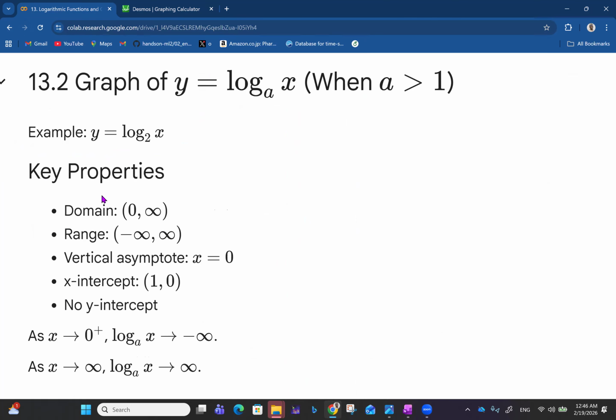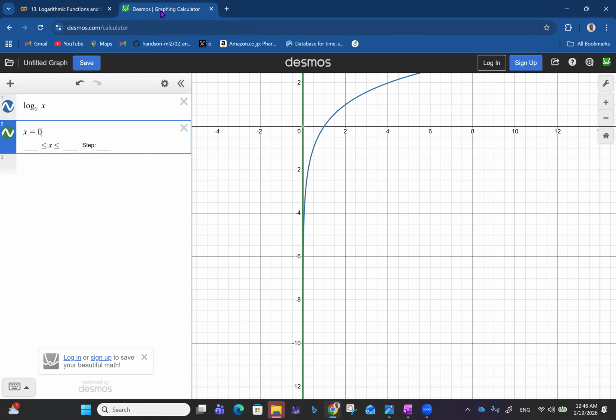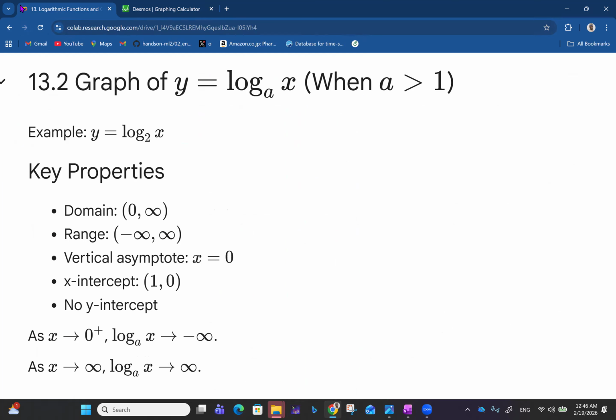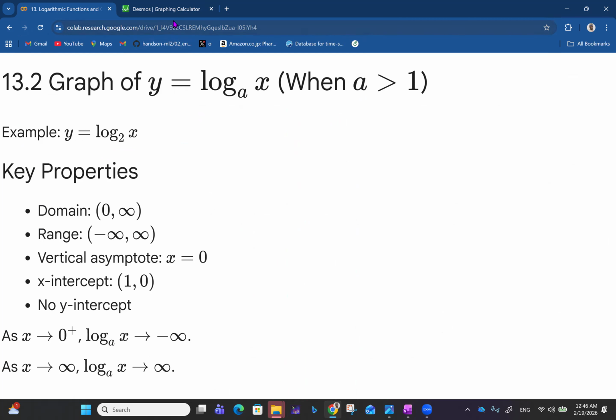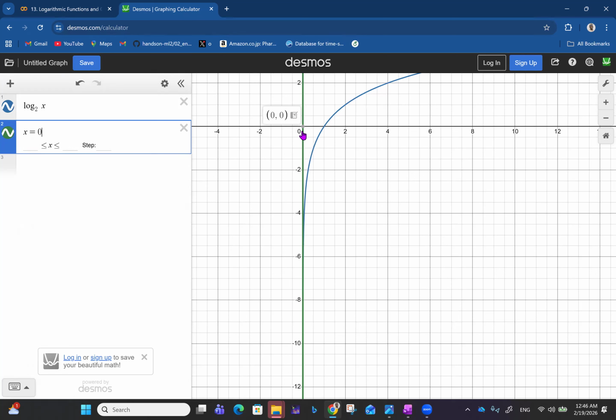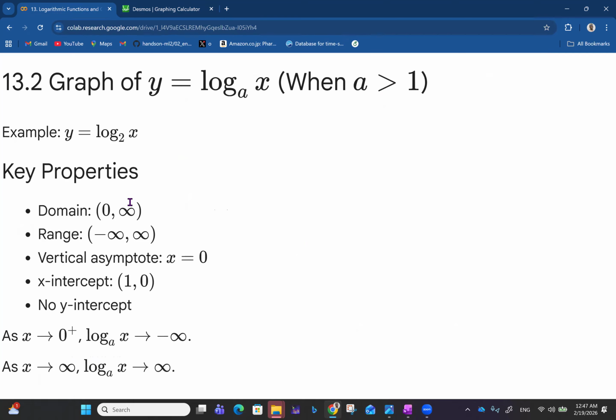Then another thing is that there's no y-intercept. As you can see, the graph doesn't cross the y-axis anywhere. Then as x approaches 0, the function approaches minus infinity. As you can see here, as we come closer and closer to 0, this function keeps moving towards the negative y-axis.